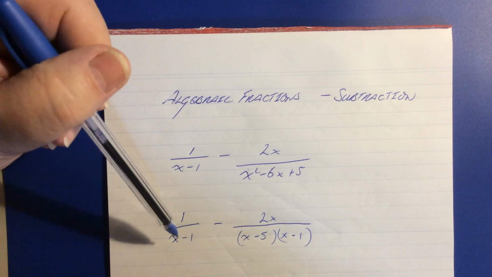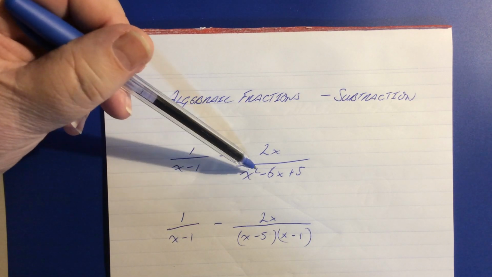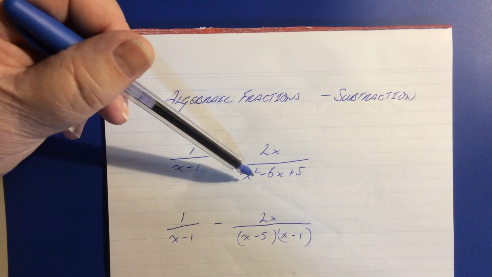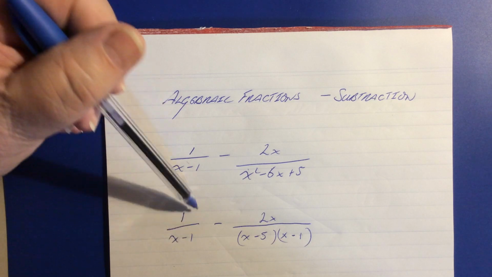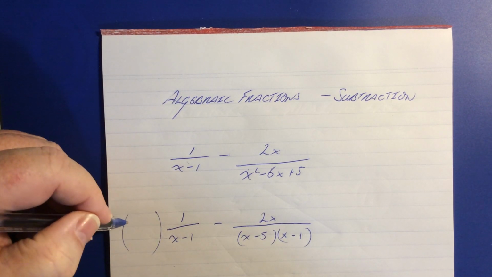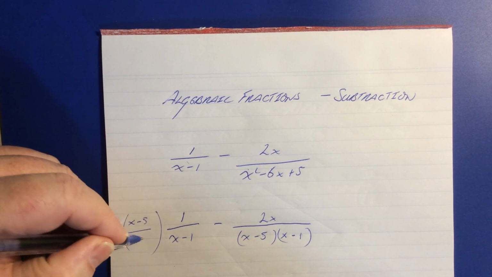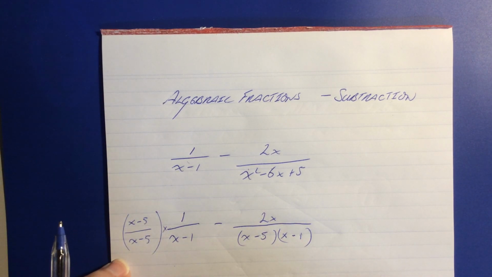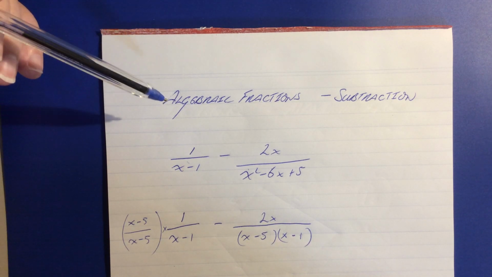Okay, now what we can see from this, and this is something that we can't immediately see here and here, is that if we multiply this by x minus 5 over x minus 5, we're going to get a common denominator, and it is going to be the lowest common denominator.